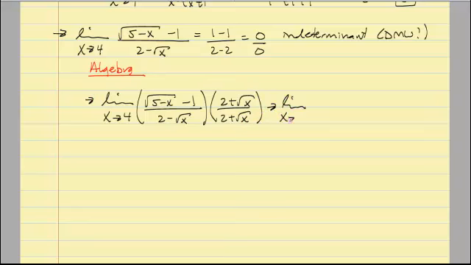I'm left with the limit as x approaches 4. I'll look at the denominator first because that numerator looks a little bit ugly. So if we look at that denominator, I end up with a nice 4 minus x. The numerator, I'm going to FOIL this out. Remember, first, outside, inside, last.